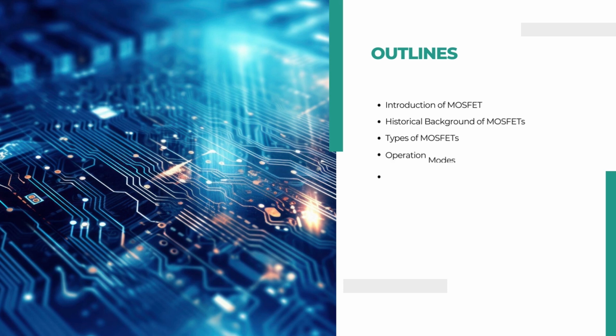So, today we are going to discuss about the introduction of MOSFET, historical background of MOSFET, types of the MOSFETs, the operating mode, application of metal oxide semiconductor field effect transistors, and we will discuss the two terminal MOS structure of the field effect transistor.